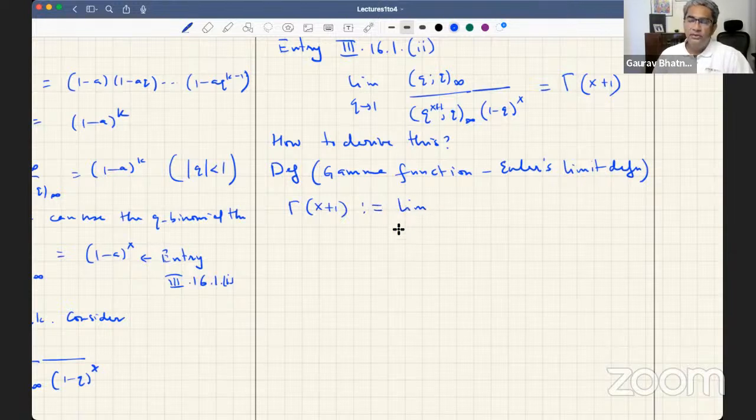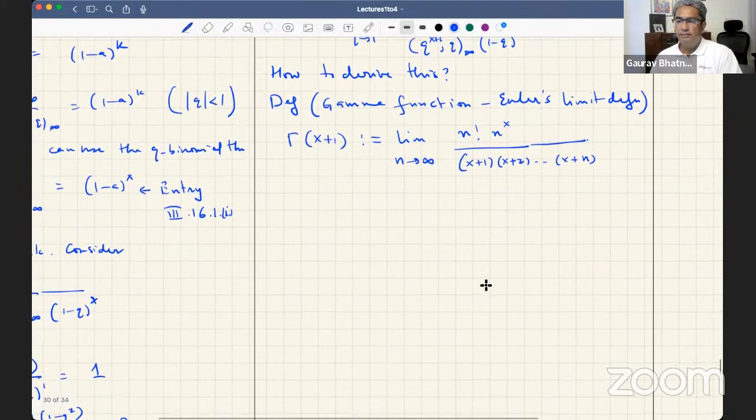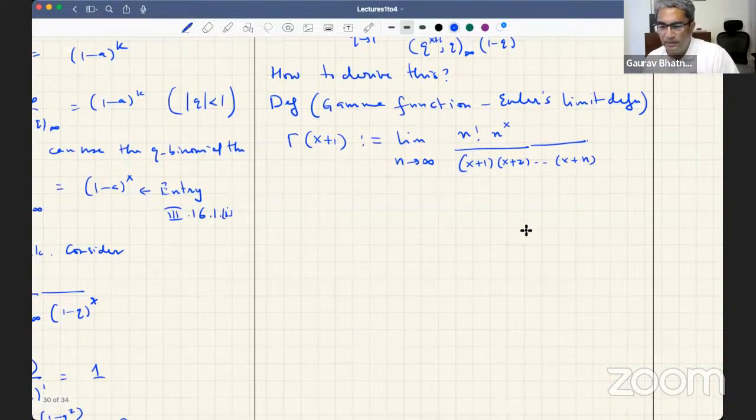So you define it as the limit as n goes to infinity of n factorial n raised to x over x plus 1, x plus 2, up to x plus n. We will talk more about this a little later. Especially we'll prove that this limit actually exists.